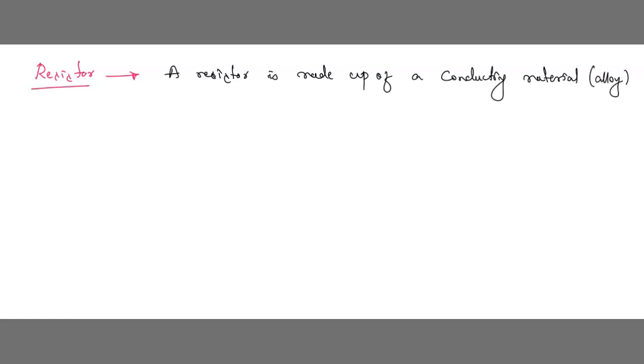A resistor is made up of a conducting material, generally an alloy, and is therefore a physical object.